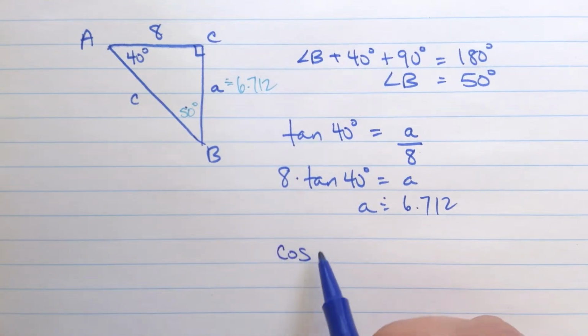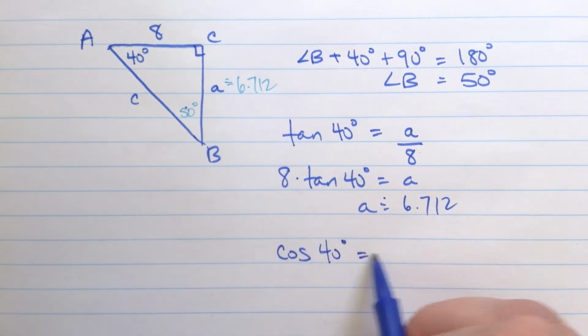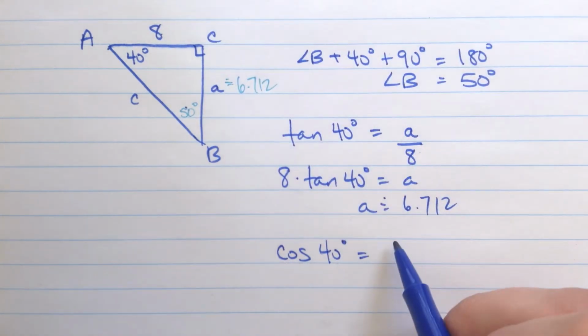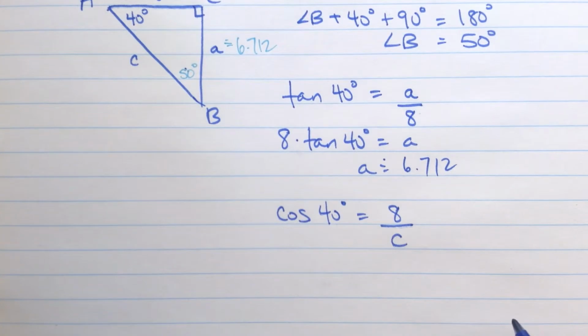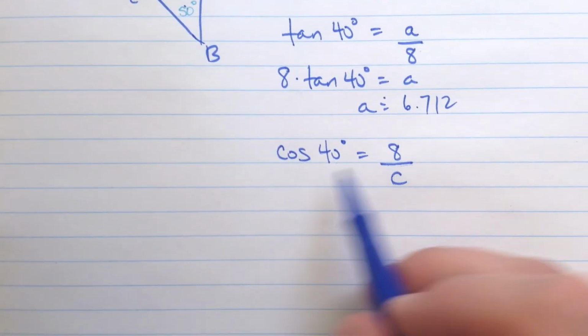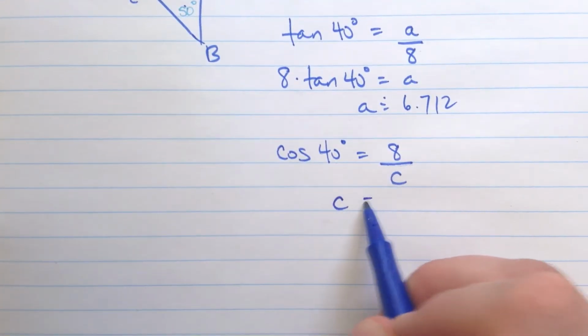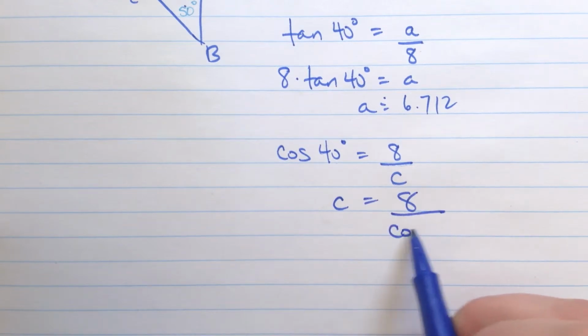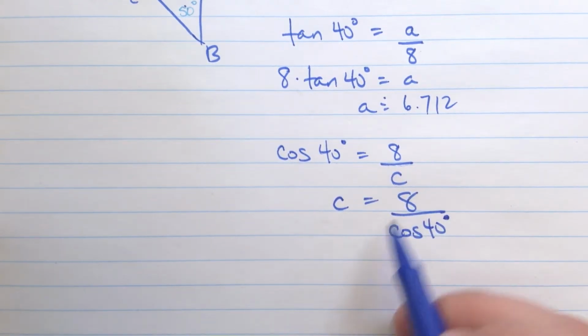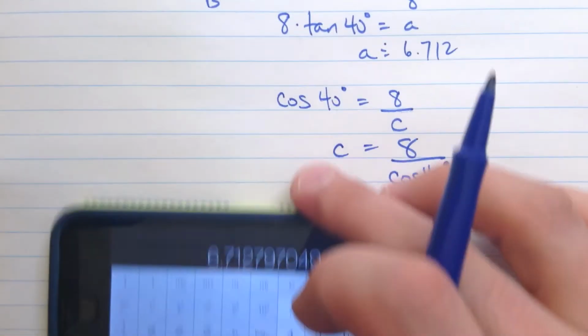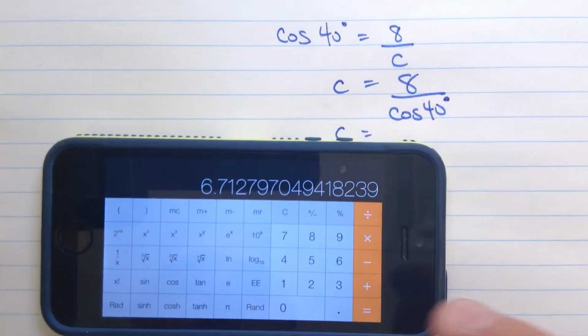So cosine of 40 degrees is the adjacent side to A, which is 8, divided by the hypotenuse of the triangle, which is c. Now I just have some algebra to do, multiplying both sides by c and dividing both sides by cos 40. There's two steps I did there at once. c is equal to that expression there, so let me just do that on the calculator here.